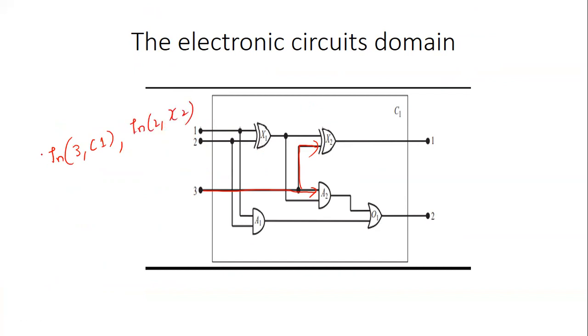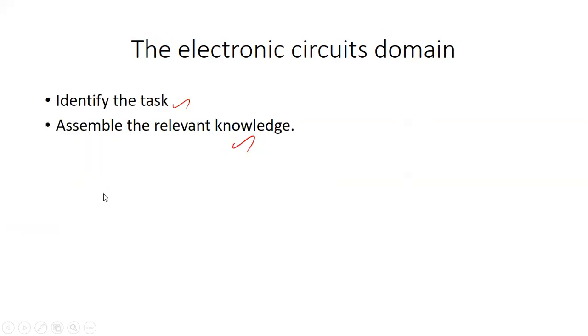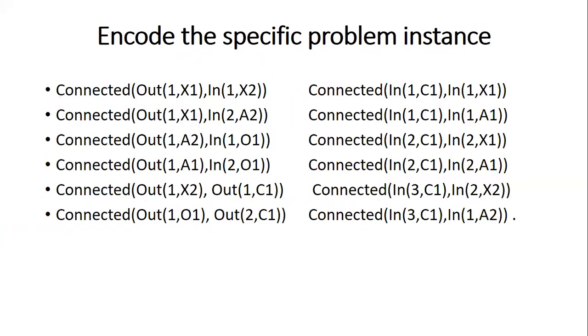Similarly, the third input of C1 is connected to the first input of A2. Okay, right? So that is what these next two rules say: the third input of C1 is connected to the second input of X2, and the third input of C1 is connected to the first input of A2.